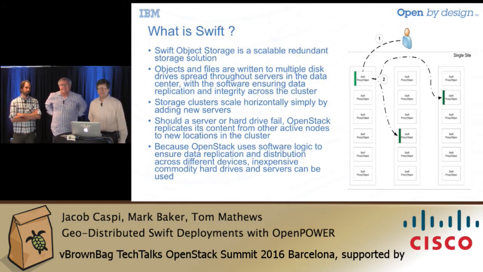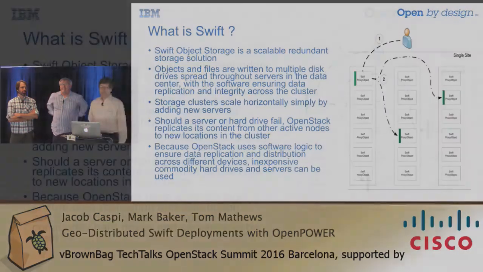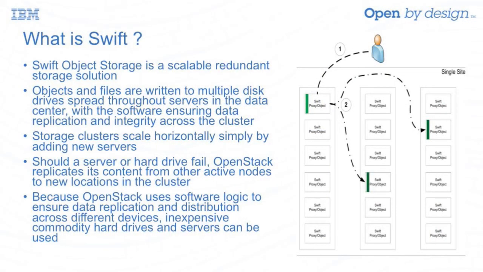Most people viewing this will probably be familiar with Swift, but just as a little bit of a recap, it is an OpenStack project designed to do scalable storage solution. Object files are written on multiple disk drives. They spread the data throughout those servers in the data center, therefore creating a redundant, high availability and high resiliency architecture.